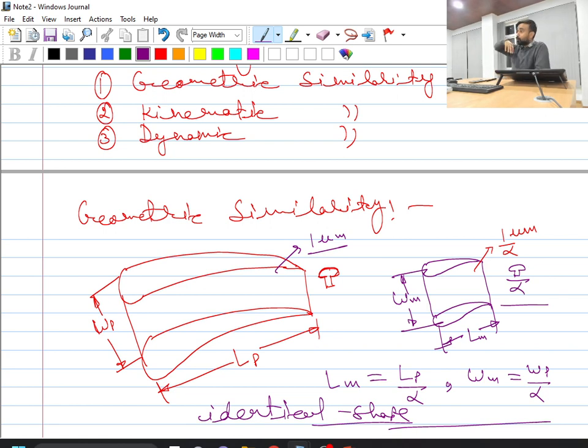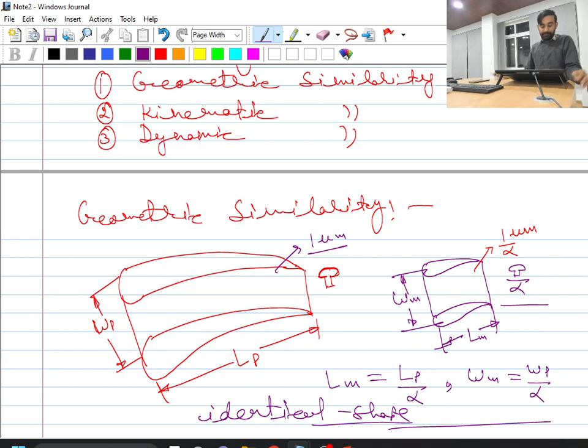If you have any nut bolt protruding out of the surface of the body of the prototype, then when you are developing an equivalent model, the size of that fastener, nut, bolt, anything, should also be scaled with reference to the size of the body. Is this point clear? So if all these criteria are satisfied, then only we can say that our model and prototype are geometrically similar. Is this point clear?